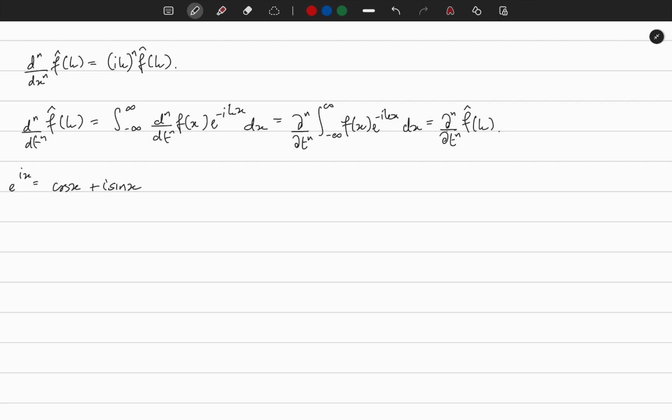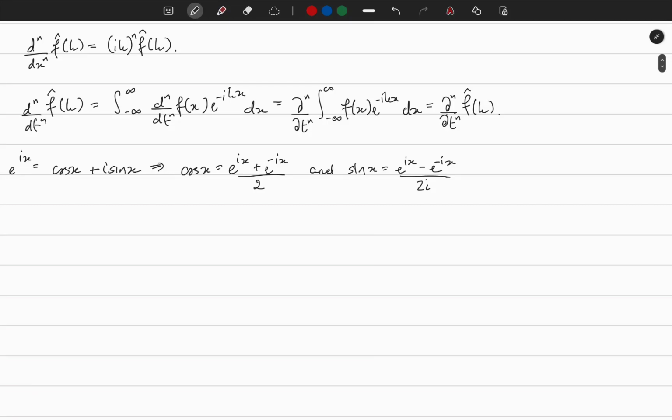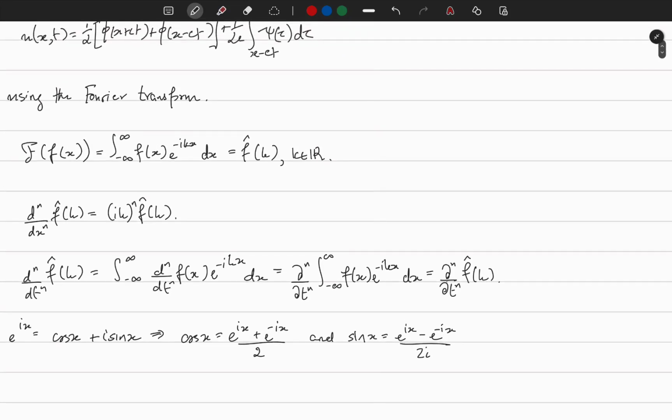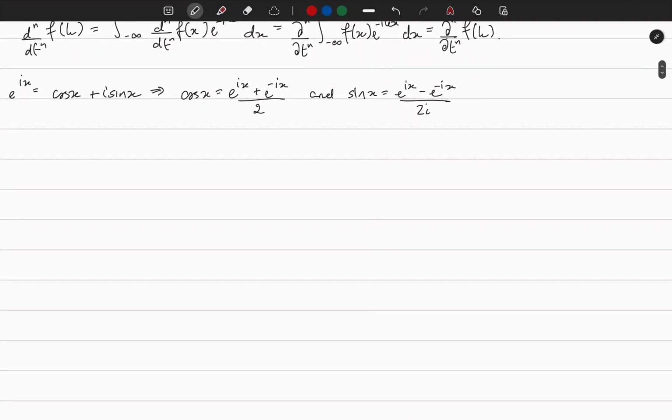And from this, we really want to focus in on the complex definitions of cosine and sine, being cosine x is equal to e to the ix plus e to the minus ix over 2, and sine x being e to the ix minus e to the minus ix over 2i.